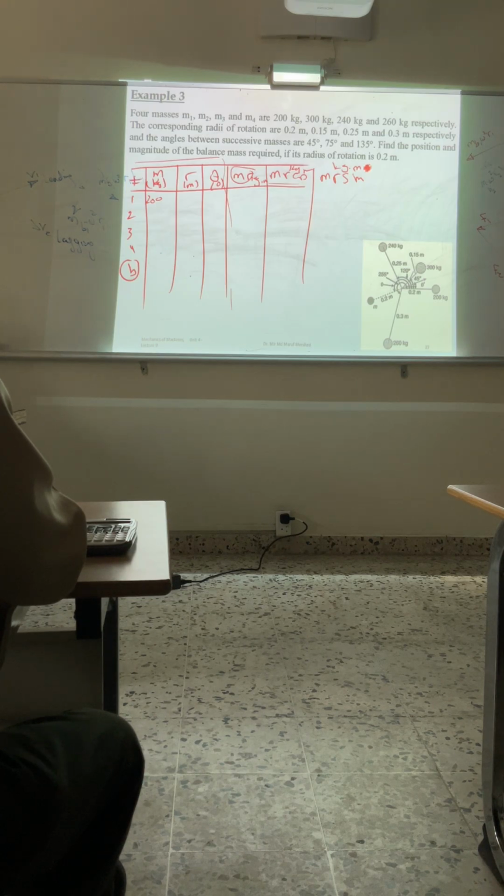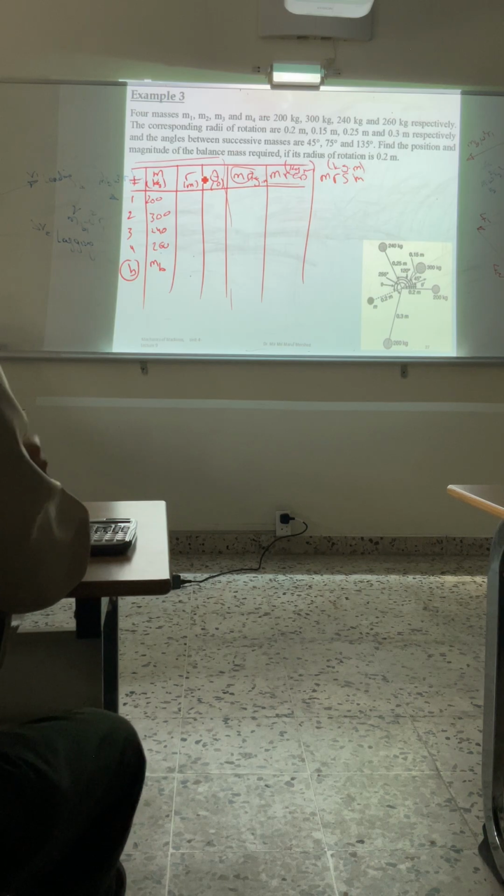Okay, now the second, fill in all these spaces. 200, 300, 240, 260, and then let's go to the balancing mass. I don't know anything about it, so let's write down M sub B. That's it.